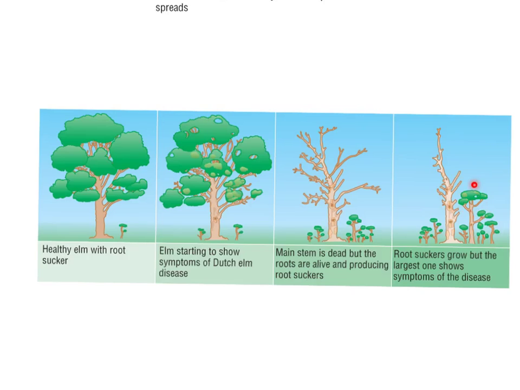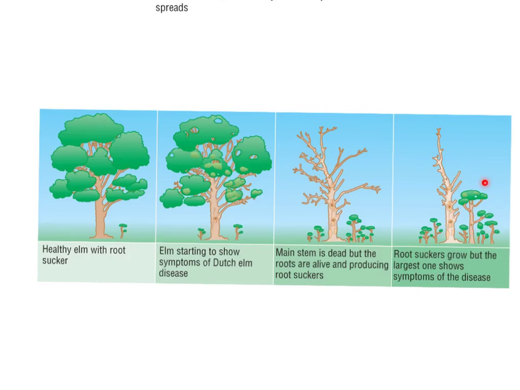So the reason that might be is that if we had a properly sexually reproducing population of elm trees, there would be sufficient genetic diversity amongst those elm trees that we would probably find elm trees which were resistant to Dutch elm disease.